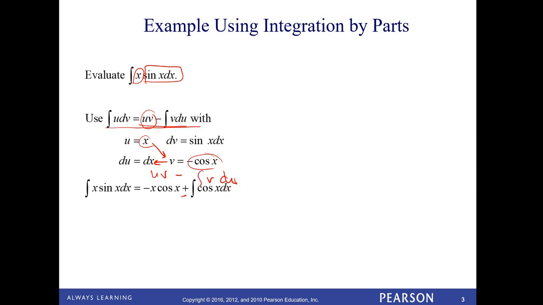Okay, so again, they're taking uv minus the integral of v du. U is x, v is negative cos x, and then putting the negative sign in front, minus the integral of v, negative cos x, du, which is dx. And again, bringing that out to make it our plus sign.